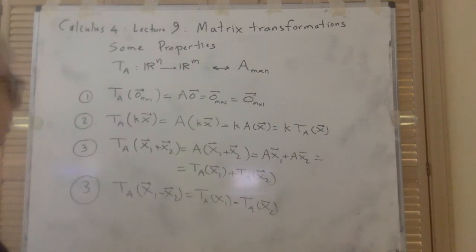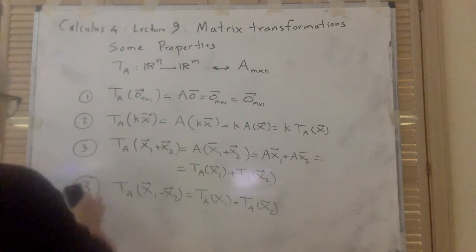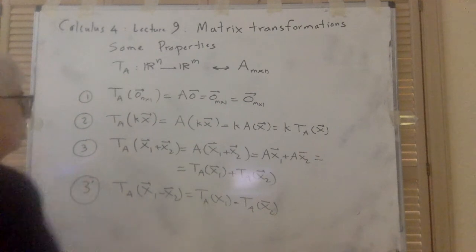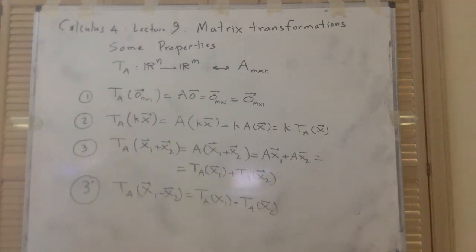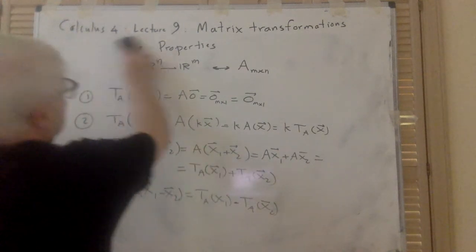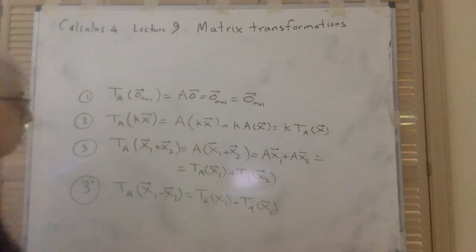Now, I said something about number 3. I have to discuss this thing, and I said the dream of every college algebra student, and why is it so? Let's look at this.